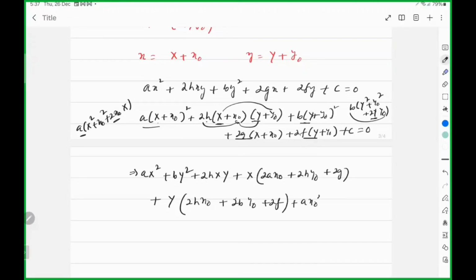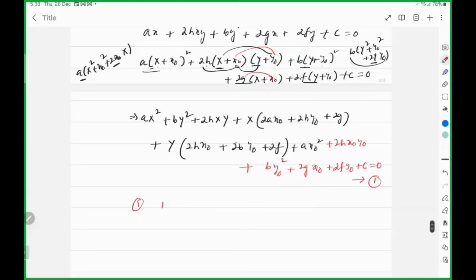So remaining terms, here you get a x naught square, again here 2h x naught y naught, plus b y naught square, plus 2g x naught plus 2f y naught plus c.